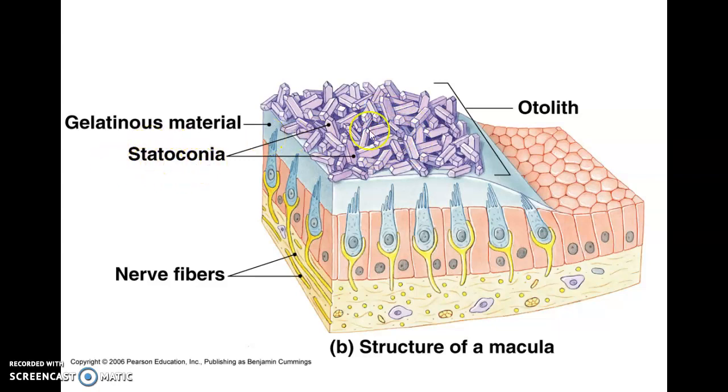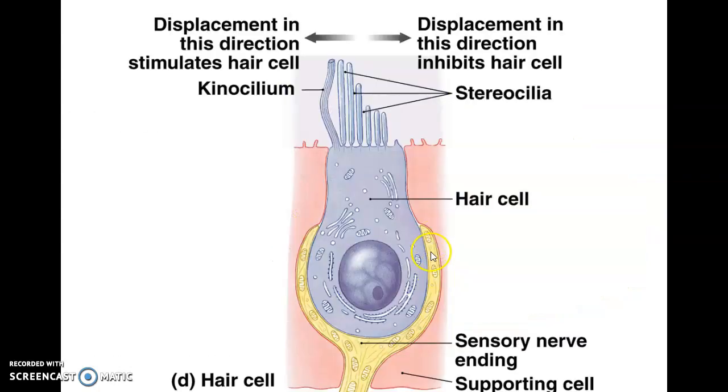And notice that this otolithic area is on top of the gelatinous material. So gravity causes the calcium carbonate granules to shift, and when that shifts, it shifts the gelatinous material, which then bends the stereocilia, causing an action potential to be sent through the vestibulocochlear nerve, or cranial nerve number 8.